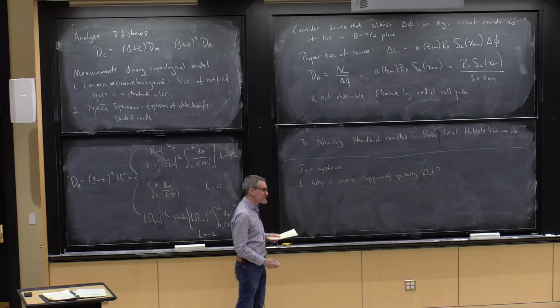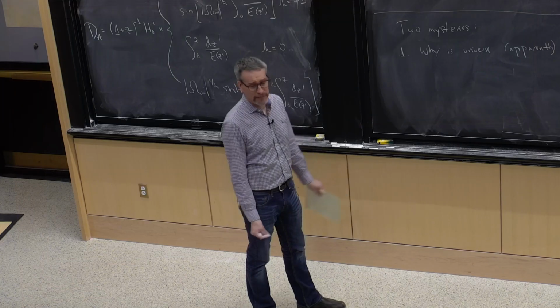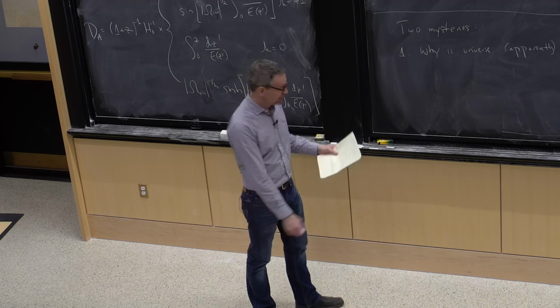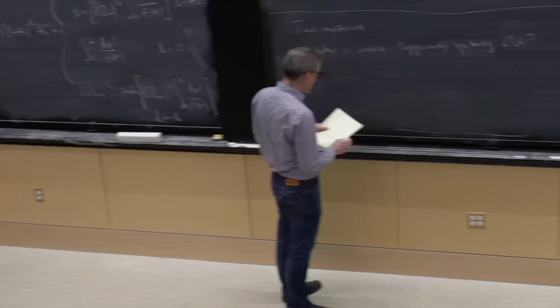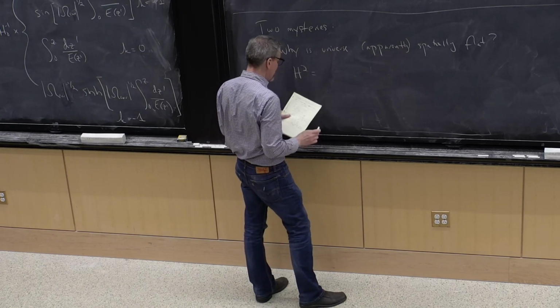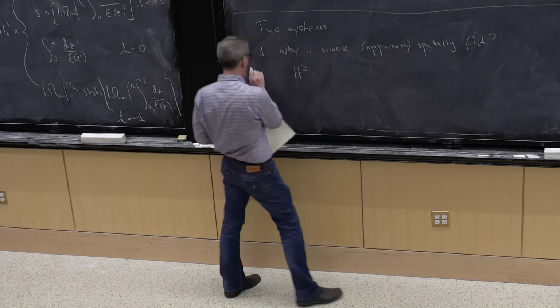To frame why this is a bit of a mystery, you could just sort of go, come on, you've got three choices for the parameter, you've got 0. Well, let's begin by thinking about the first Friedmann equation.